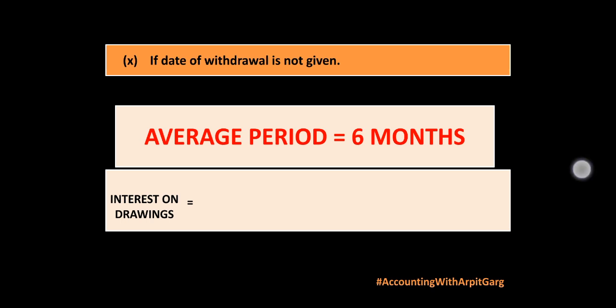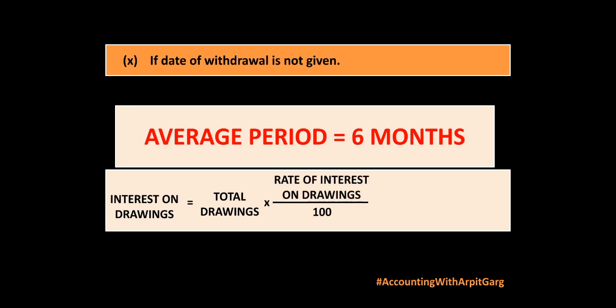First we will calculate total drawings. For example, in the beginning of every month, rupees 1000 is withdrawn. So it is 1000 into 12, or 1000 is withdrawn in the middle of every quarter, so 1000 into 4. So total drawing into rate of interest upon 100 into average period divided by 12.